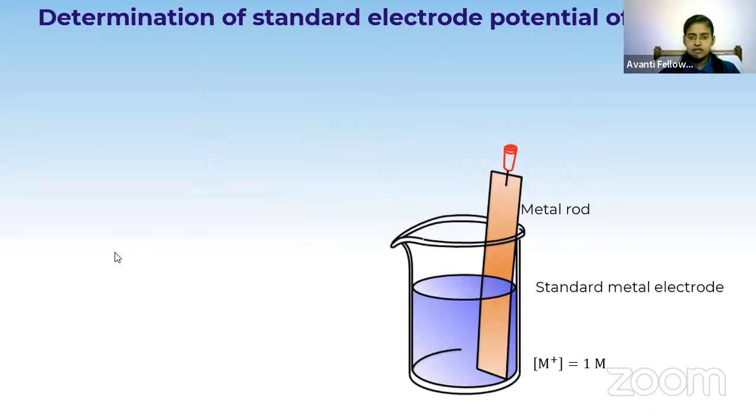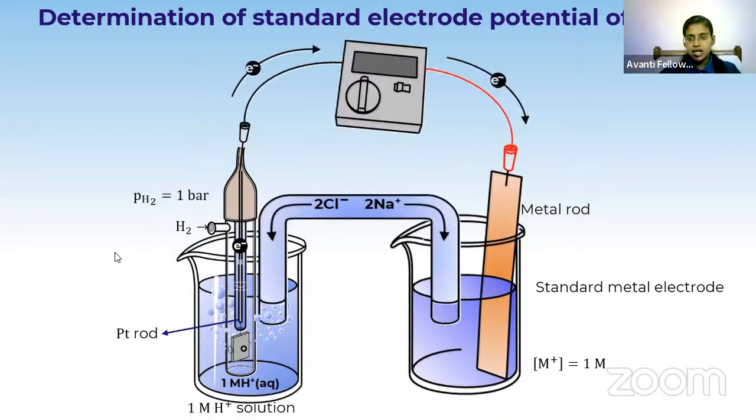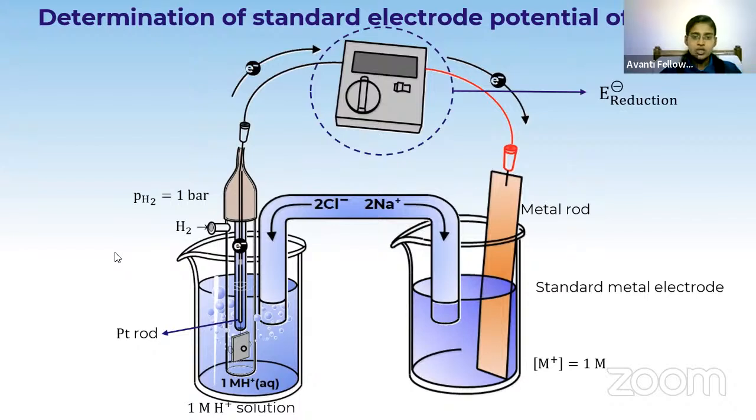The concentration of the ion is 1 molar here. And I also have a second beaker, which is a setup of standard hydrogen electrode, and these two are connected. The E naught value, that is the standard reduction potential value, is measured from this instrument.